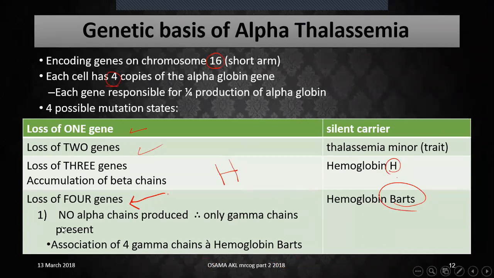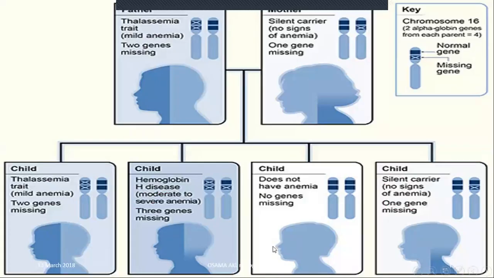Here, there is no alpha subunit because 4 genes are absent, and this is the most severe form. We said that thalassemia is autosomal recessive.